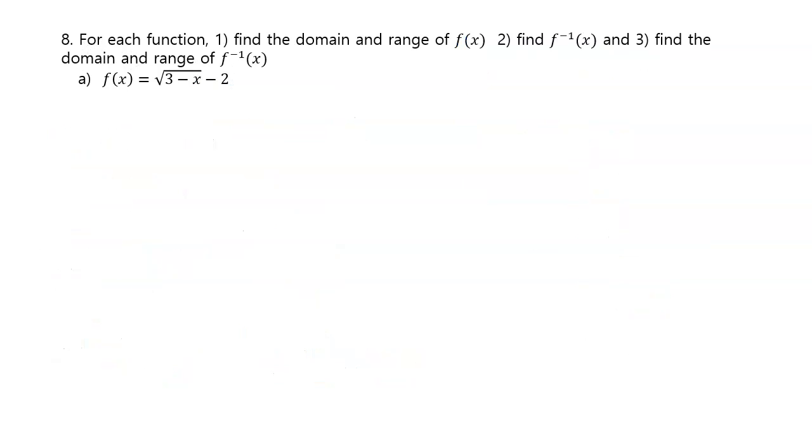For each function, find the domain and range of the function, find the f inverse, and find the domain and range of the inverse. Okay. First, to find the domain of a function, and you have a square root, that means whatever is inside of the square root, we call this the radicand, has to be 0 or greater, because you cannot have the square root of a negative number.